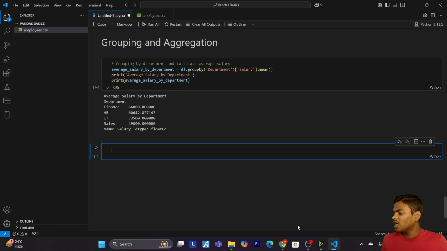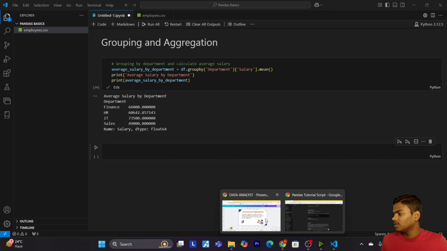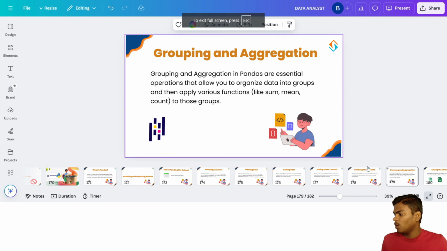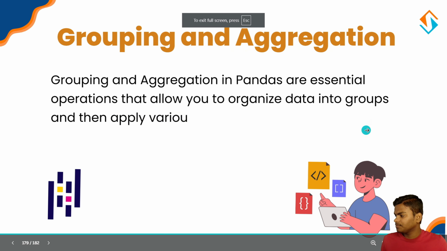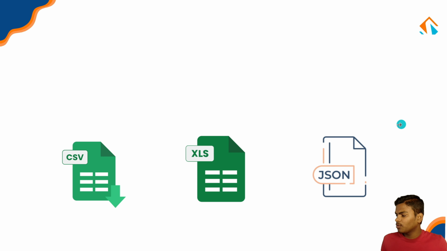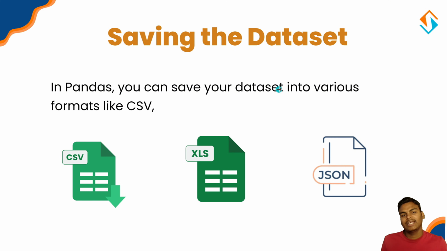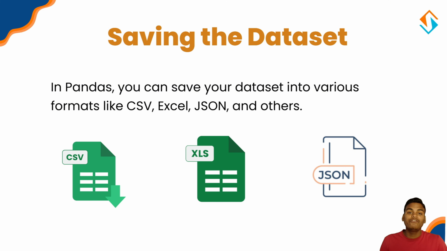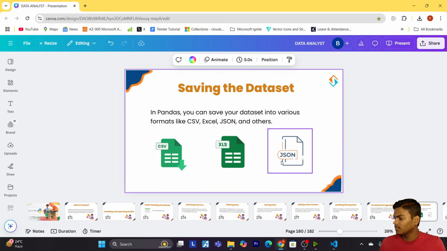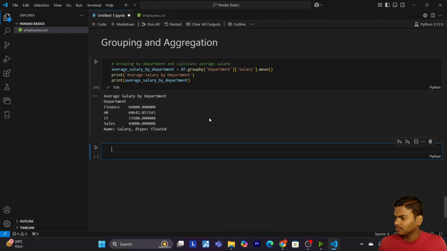So now let's come to the PPT again, and now we are going to learn saving the data sets, okay? After applying every method on our data sets to make it clean, for our useful insights, now it's time to save our modified data sets, okay? So now let's come to our VS Code.